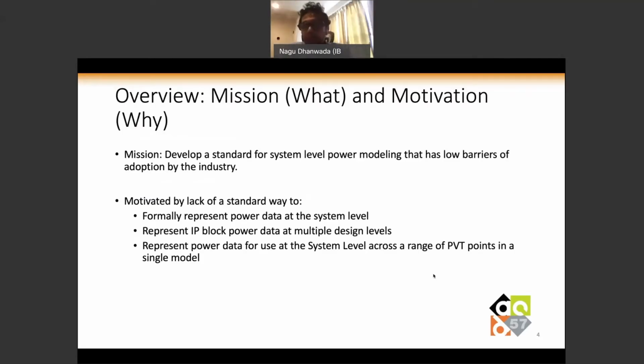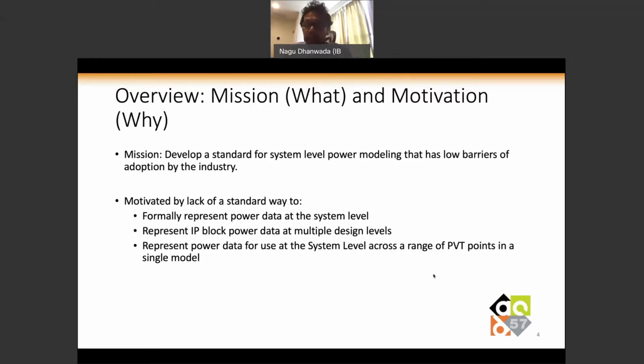So in terms of the mission and motivation for the standard, our goal here in developing UPM was to come up with a power modeling standard that truly enables system-level power analysis with very low barriers for adoption. This is really motivated by a need to formally represent power data at the system level. Current standards do not address the formalism of power data.